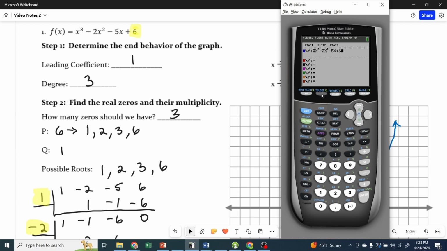And we're going to take a look at our window, and let's make it look just like the one we have, -10 and 10. And we're going to go over here, and our y minimum is -10, and our y max will be 10, and our scale will be 1. So we can go ahead and graph this.